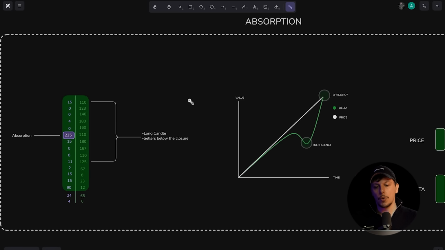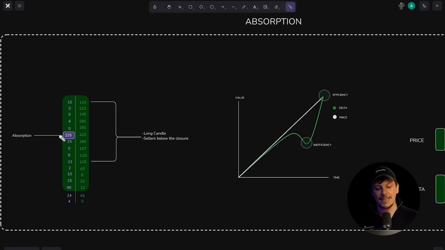Now let's go through an example of absorption. We can see here that we have an absorption in the middle of the candle, and we have a value, so an efficiency, and the price is the white line that we can see here. We have a sudden drop in the delta when this big aggression arrived from the market order, the aggressive participant on the sell side, and it got completely absorbed, got run through.